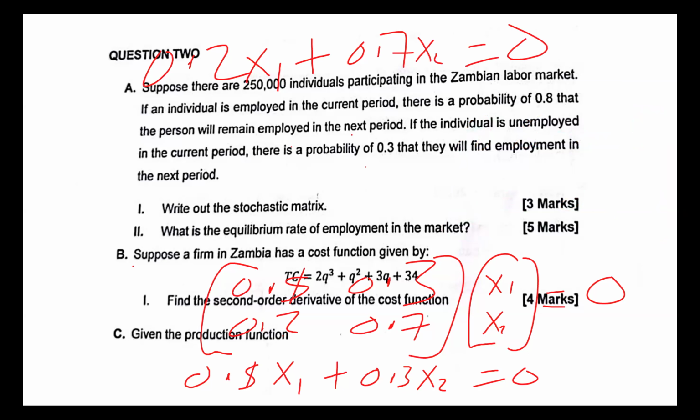How am I doing? You've seen that, but this is the same thing we did, isn't it? You remember something like this, right? But when we do the math, when you multiply by 10 throughout, this will be 2X1 plus 7X2 equal to 0.